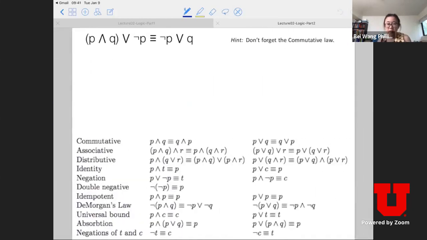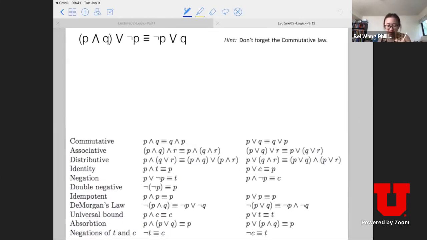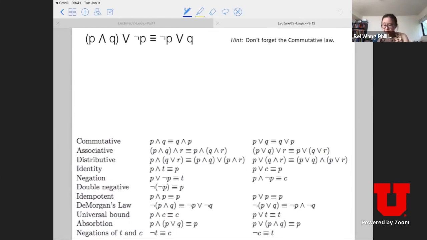Next one. This is to prove, again, logical equivalence by using theorem number 2. Again, what we need to do here is to figure out what is the first rule we want to use. So let's start from the left-hand side. Left-hand side, I'm just copying it.